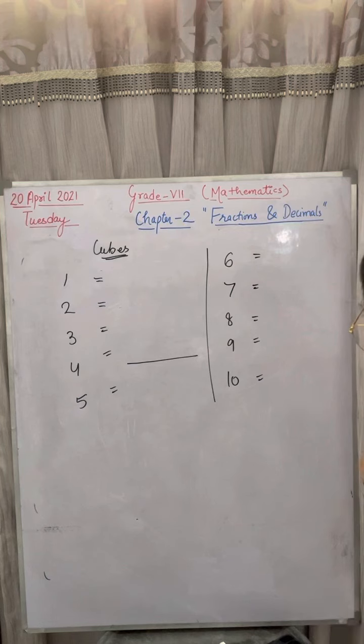Jyoti Mam, your answer is wrong. Dhruv, give me answer quickly. Cube of 4. Angel Goyal, very good. Jyoti Mam, please go for the calculation once again. Saloni, very good. Hazel, very good.